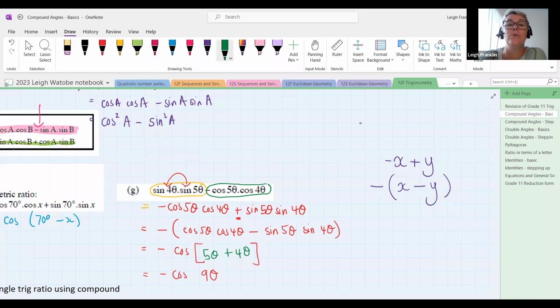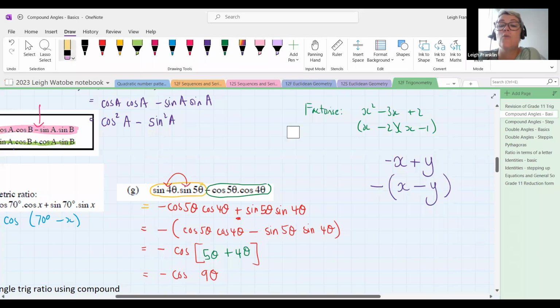For example, if I asked you to factorize x squared minus 3x plus 2, you could factorize that as minus 2, minus 1. If I want to solve something, then it has to be equal to 0 and I can divide through by negative. It needs to be an equation.